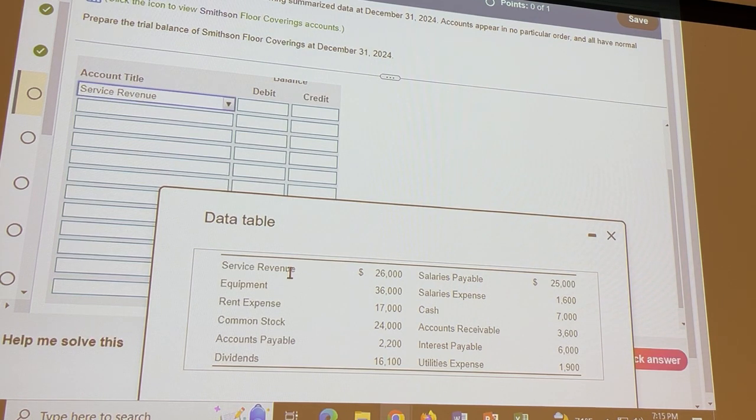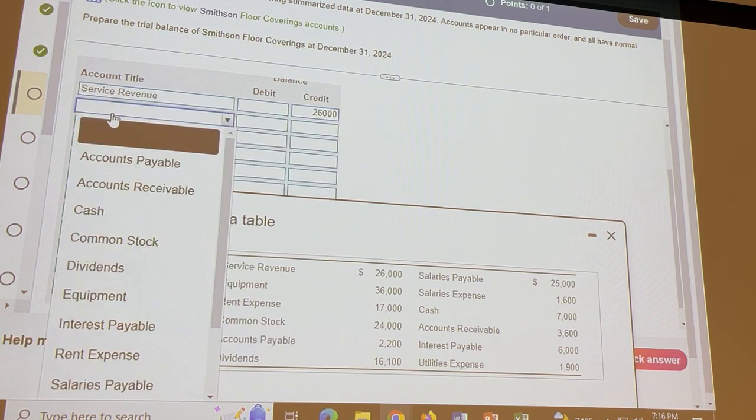Do you recall for a revenue account, would the normal balance be debit or credit? Credit. Yeah, it's credit. If you go back to that diagram with the rules of debits and credits, it goes up with a credit, therefore the normal balance for it would be a credit. So we know that 26,000 goes on the credit side.